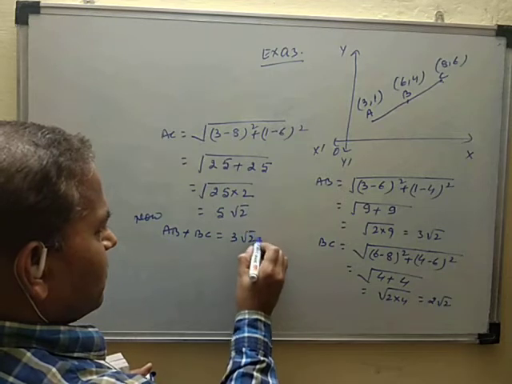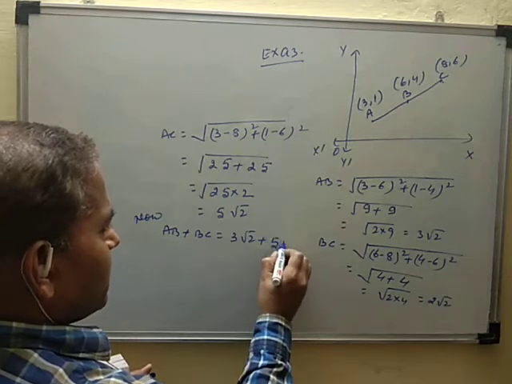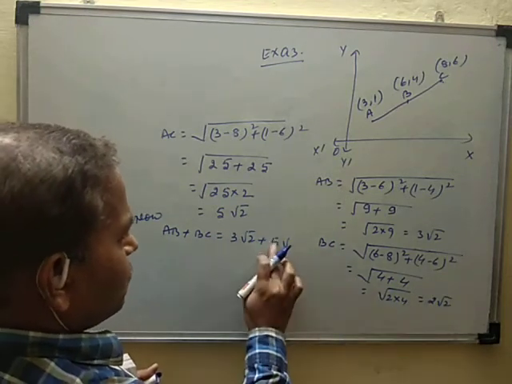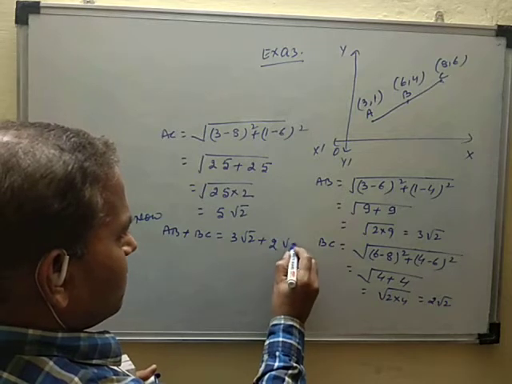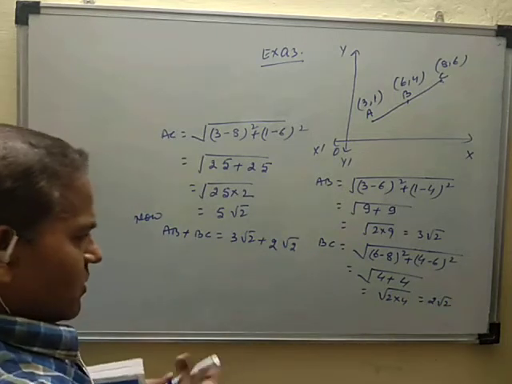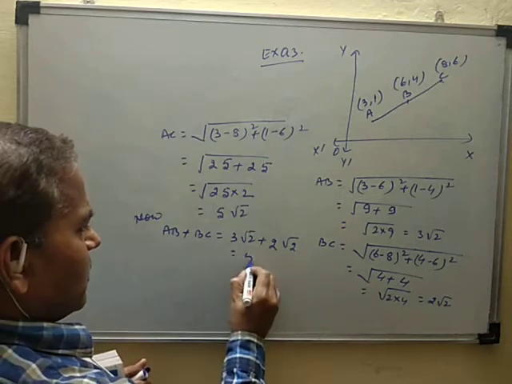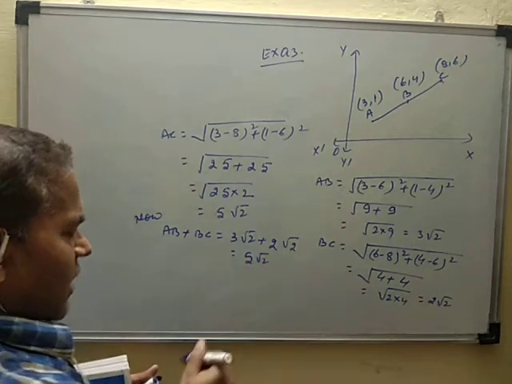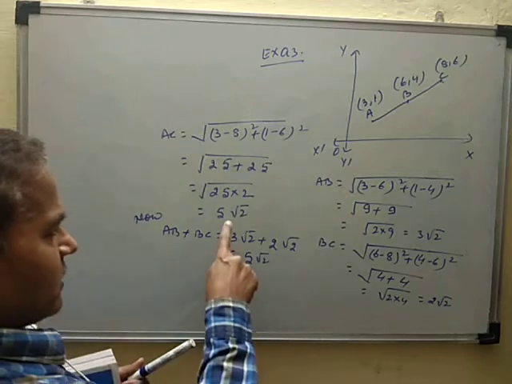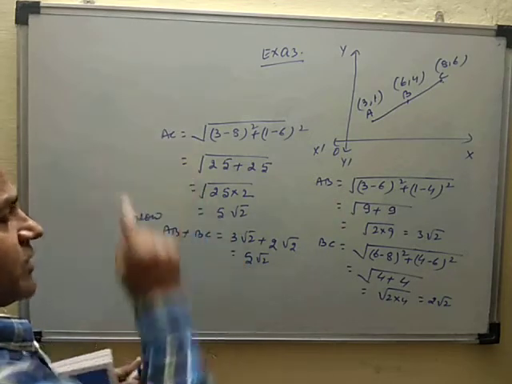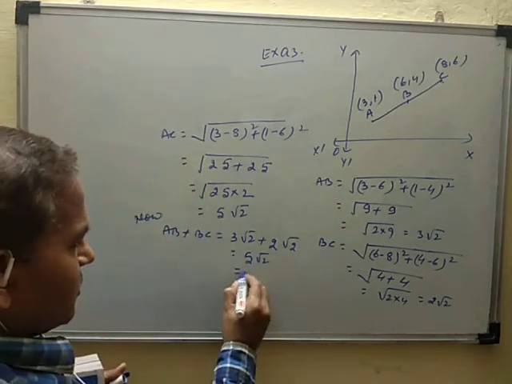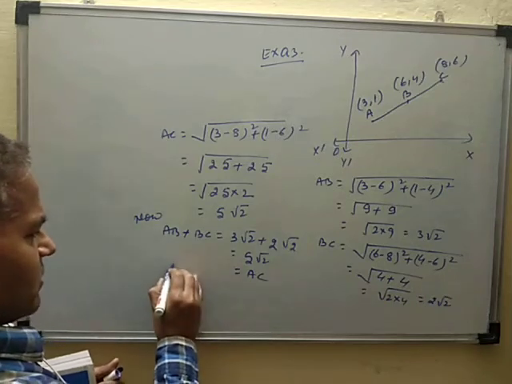AB is 3 root 2 and BC is 2 root 2. So 3 root 2 plus 2 root 2 is equal to 5 root 2, and the 5 root 2 is length of AC. So this is equal to AC.